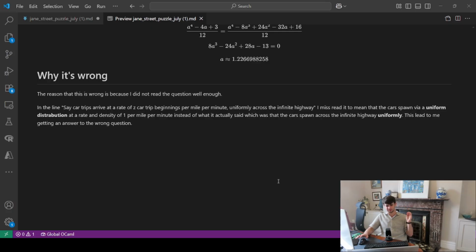It's actually just appearing uniformly over the highway, which leads you to a completely different solution that you can read on the website.